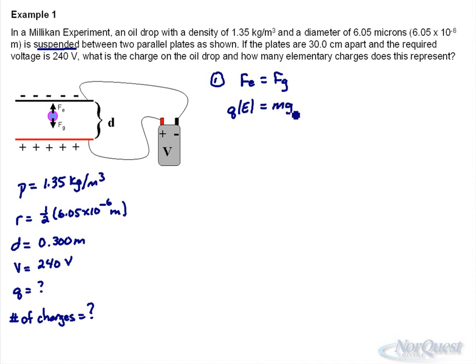So we'd like to find Q, but we don't know E and we don't know m. So we'll start with a formula to find E. We know between parallel plates there is a uniform electric field, and it relates to V over d. So we'll start with substituting equation 2 into 1.